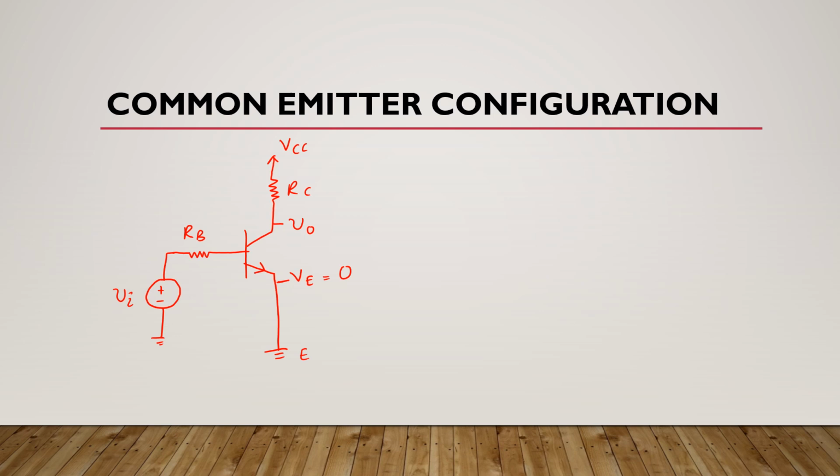Okay, now if we have a transistor configuration like this, the arrow is here, it means it is an NPN transistor configuration, and here we have AC input supply VI, this is RB, this is VCC, this is RC, here we have output voltage, here we have VE, this is RE.